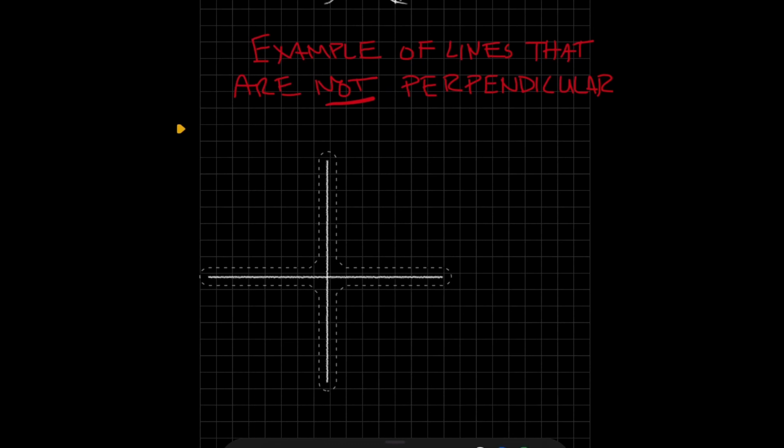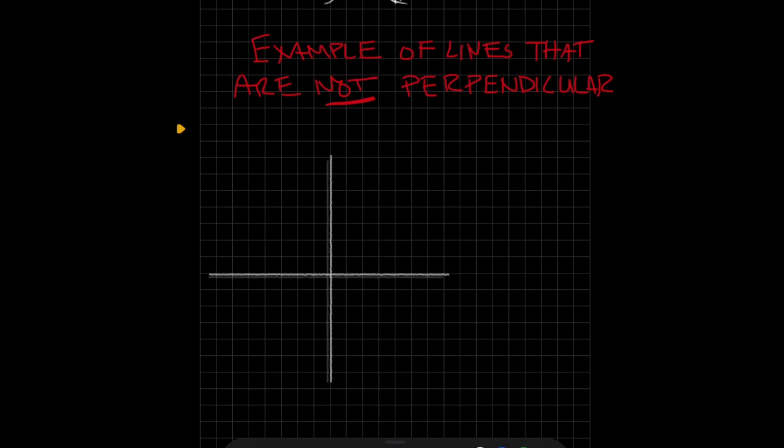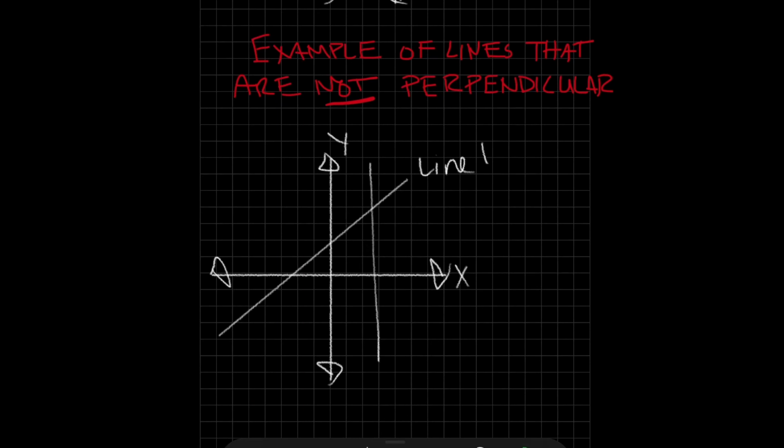I'm going to line it up a little bit. Okay, so here's the x and here's the y. Let's draw some lines that are not perpendicular. Here we'll call this line 1, and we'll call this line 2.